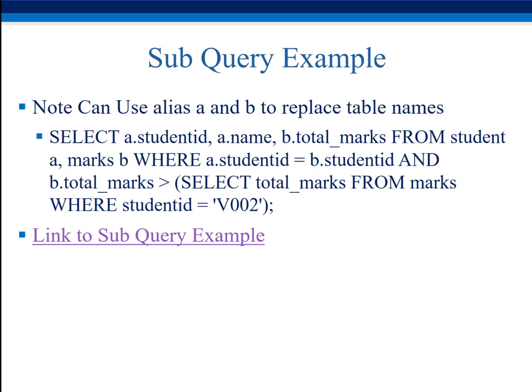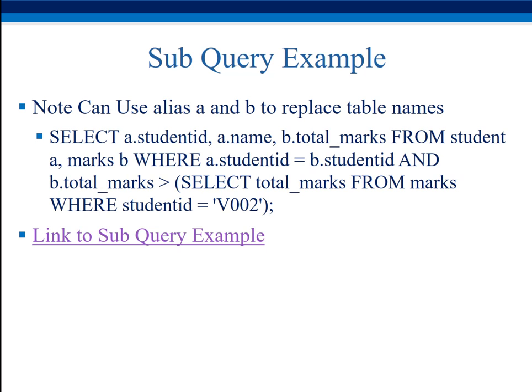So you've got select A.student ID, A.name, B.total, from student A, marks B. So basically you're saying that we're using A for student and B for marks, where A.student ID equals B.student ID and total marks in here. And then we have the second select, total marks from marks where student ID equals V002 in there.